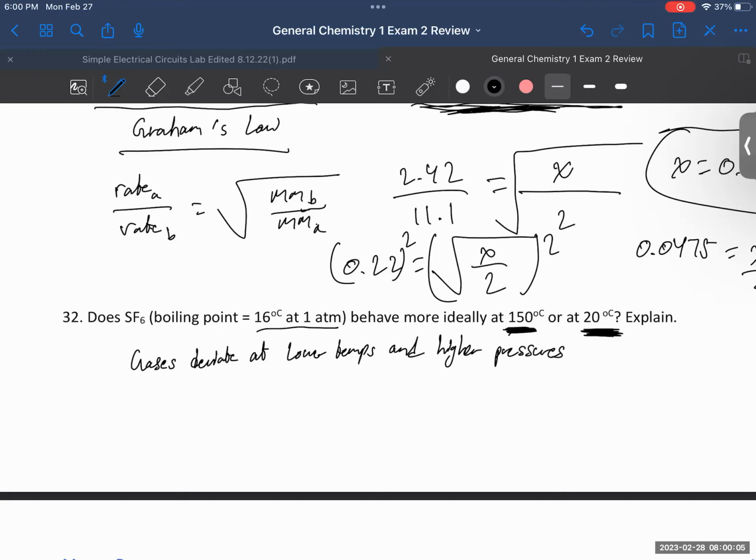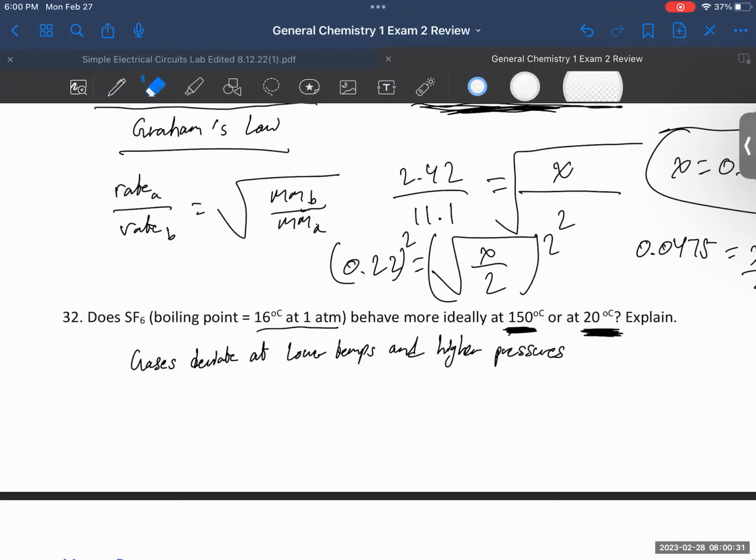Why is this the case? What makes a gas ideal? They don't interact. Yeah, there are no attractive forces between them or with the container. That's basically it, right? There's more stuff, but that's the main idea.